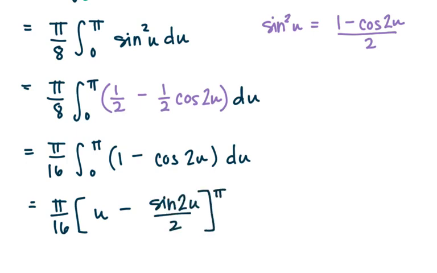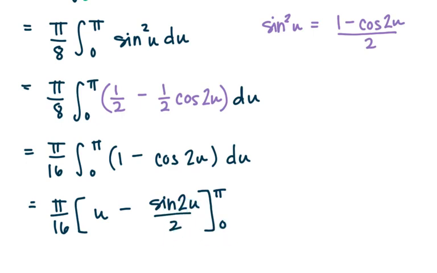And this would need to be evaluated from 0 to pi. So I'll plug in pi first. That'll give me pi minus sine of 2 pi over 2. Sine of 2 pi is, of course, 0. And then I will plug 0 in. That gives me 0. Sine of 0 over 2 is going to be 0.